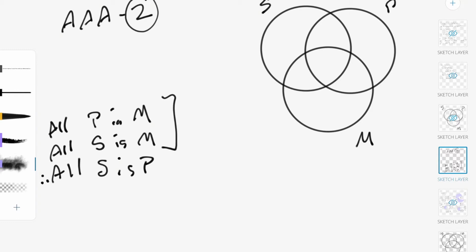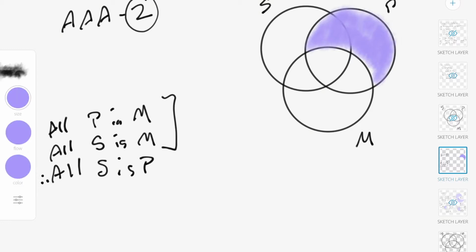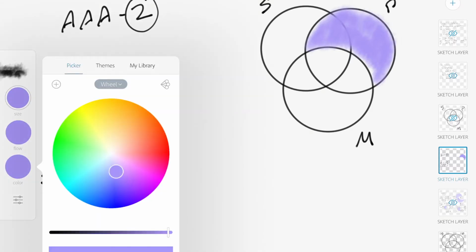So in this case, we can go ahead and put that on here, and as before, we ignore the S circle because we're diagramming the relationship between P and M based on the information that's given to us explicitly in the major premise. Now we move on to the minor premise, all S is M, and here again we want to diagram all S is M.